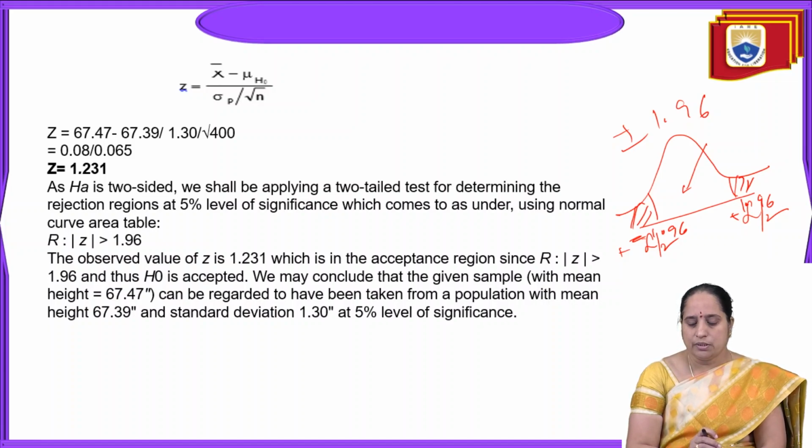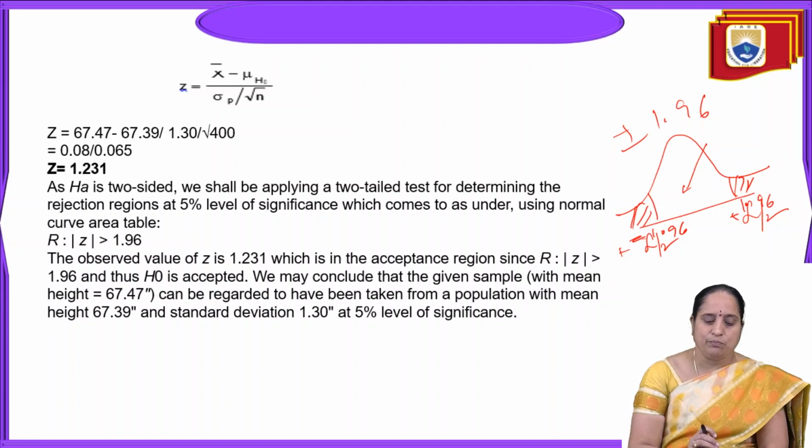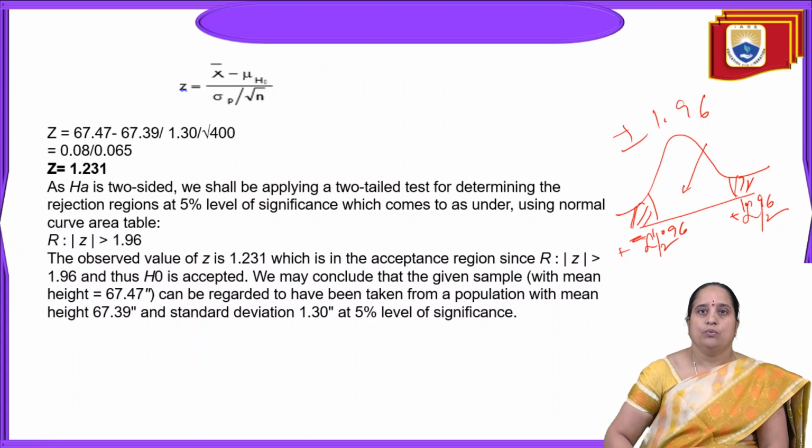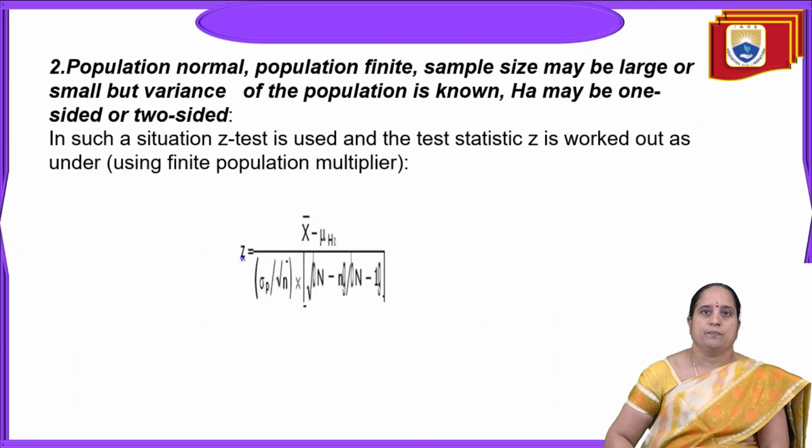So we may conclude that the given sample with a mean height of 67.47 can be regarded to have been taken from a population with a mean of 67.39 inches and standard deviation 1.30 inches at 5% level of significance. That's how we have to test the hypothesis.